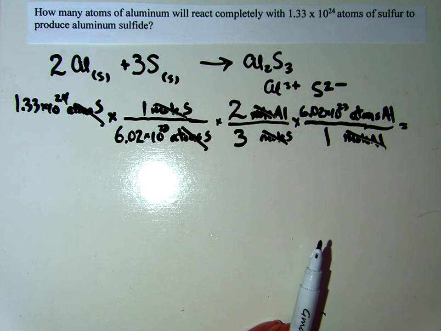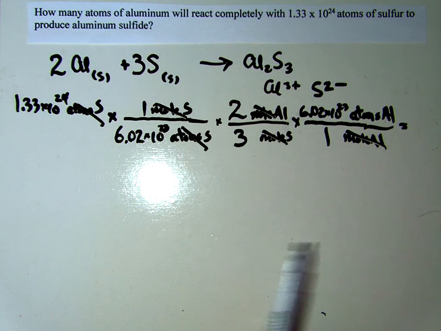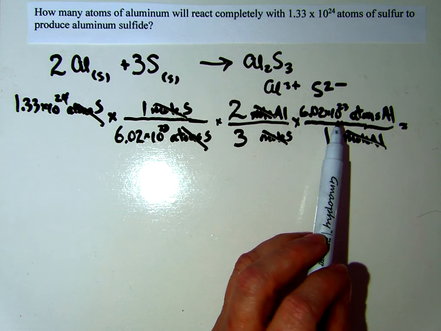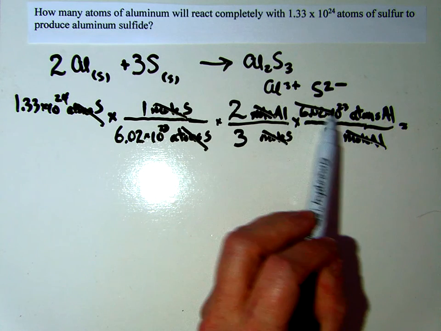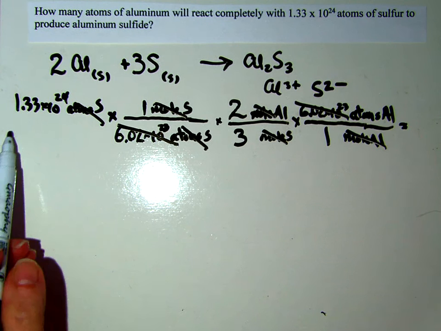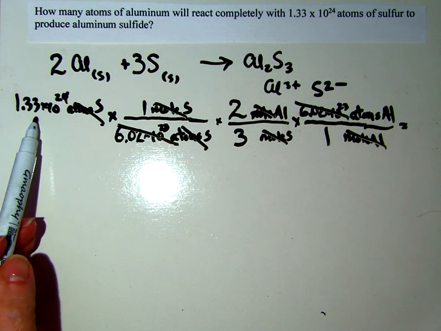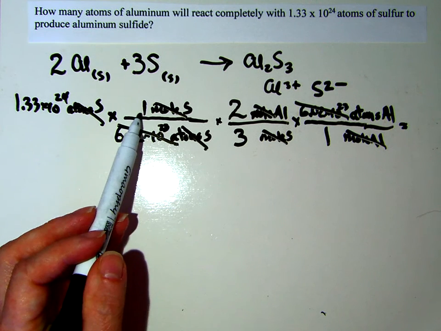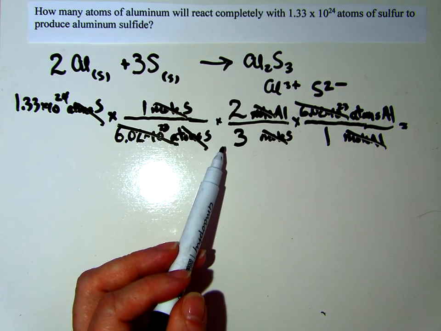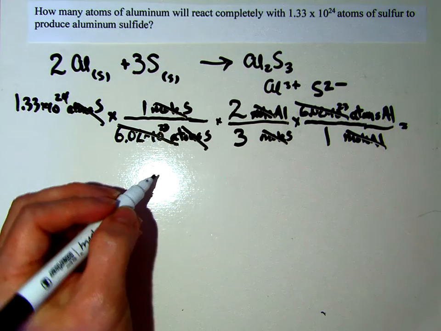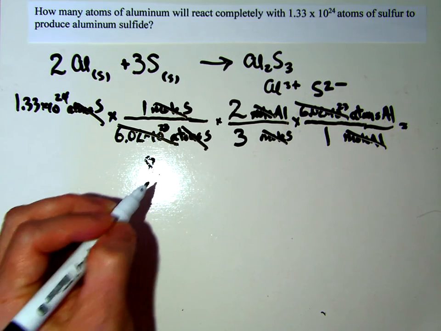Now, you may also notice that to make the math easier, we've got Avogadro's number in the denominator and Avogadro's number in the numerator up top over here. So just to make our calculation easier, we can cancel out those two as well. So to do our calculation, we do 1.33 times 10 to the 24th times 1 times 2 divided by 3 divided by 1, and when I did this, I ended up with 8.87.